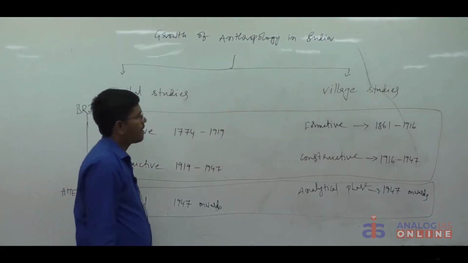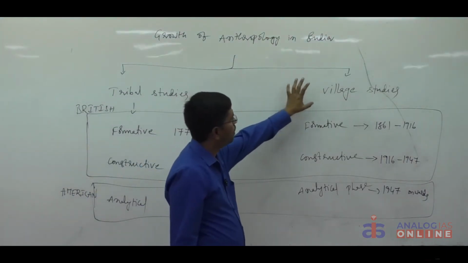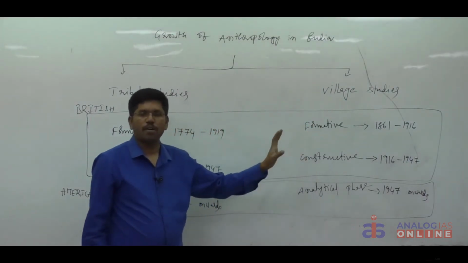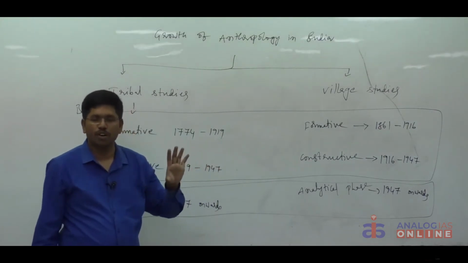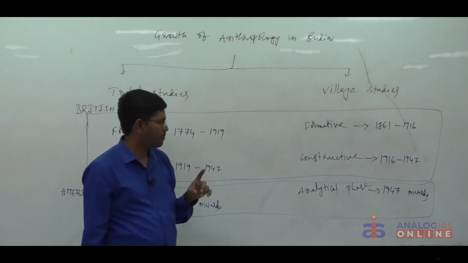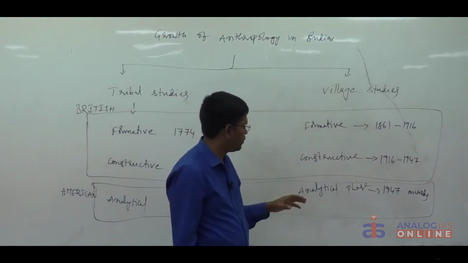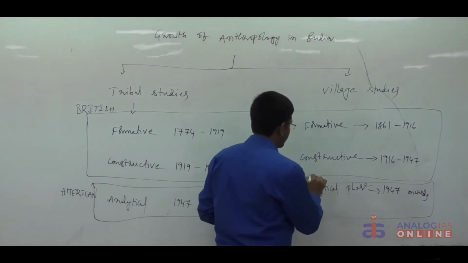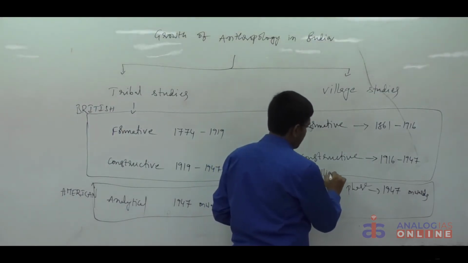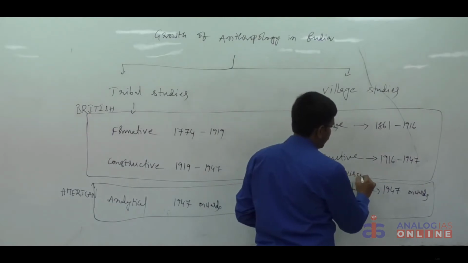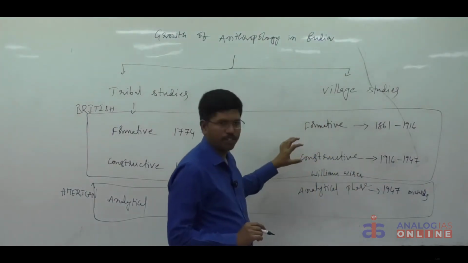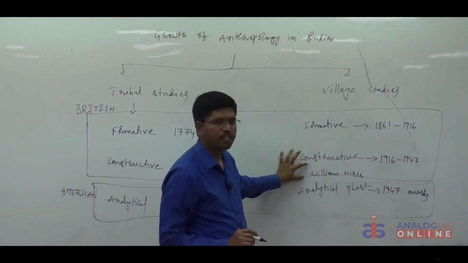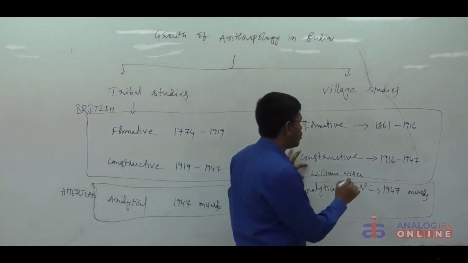Now, come to village studies. In the constructive phase, a number of British anthropologists contributed for the growth of anthropology in India. But at the time of independence, there was an anthropologist by name William Wiser. In the constructive phase, William Wiser contributed a lot for the understanding of village life by his Jajmani system.